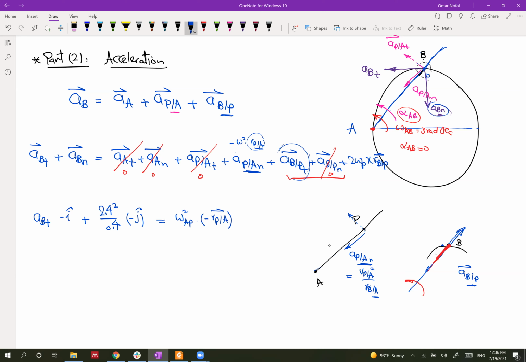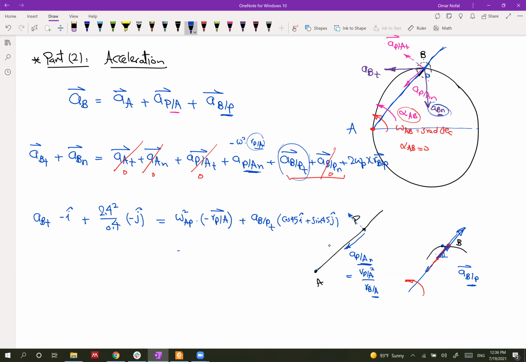And this acceleration, we know the direction, but we don't know the magnitude. So we will put AB with respect to B tangent. And I know this angle is 45 degrees, so we have cosine 45 in the I hat direction plus sine 45 in the J hat direction.